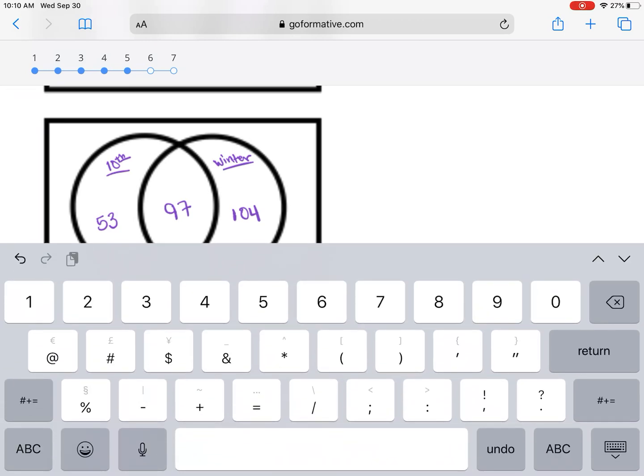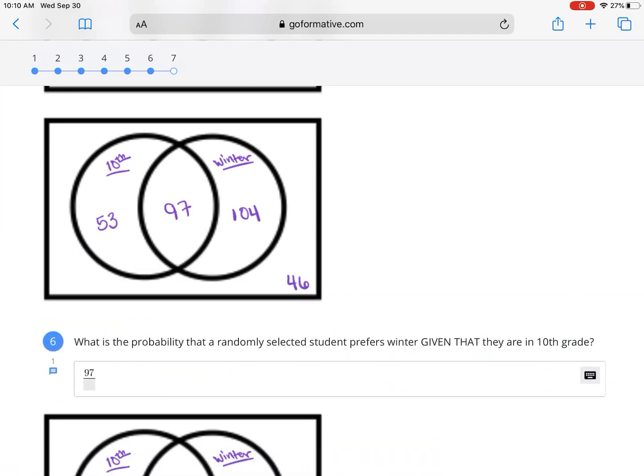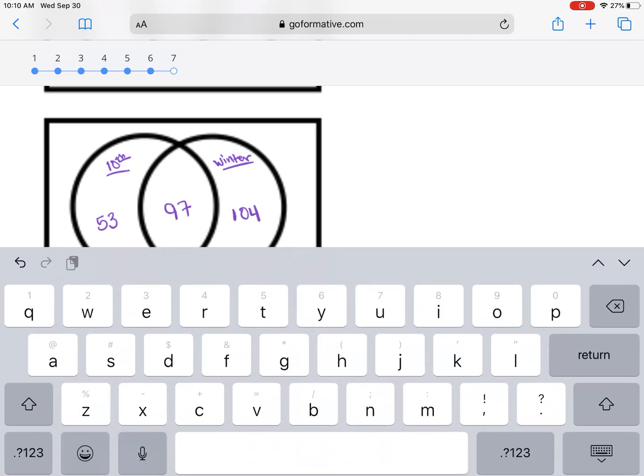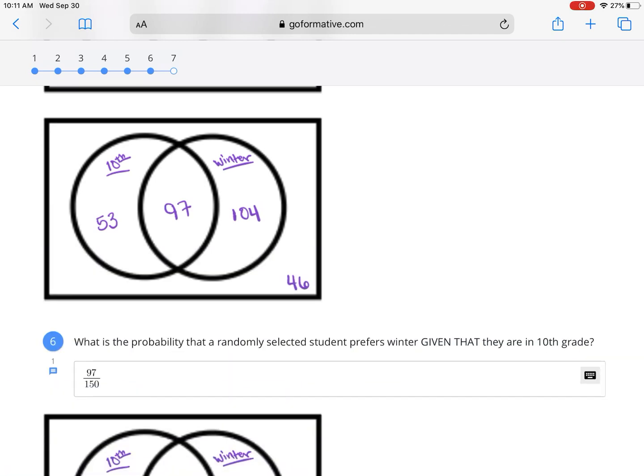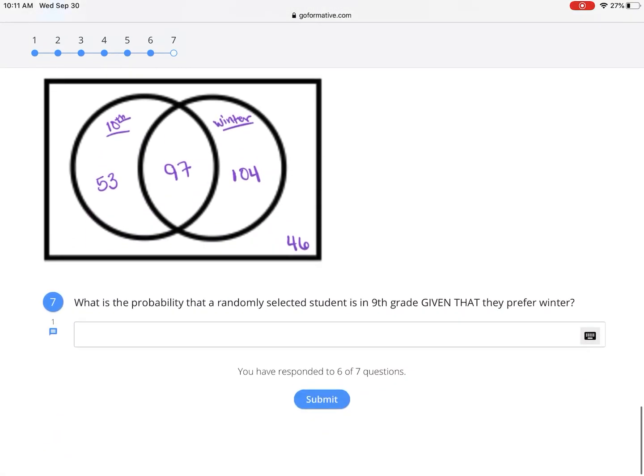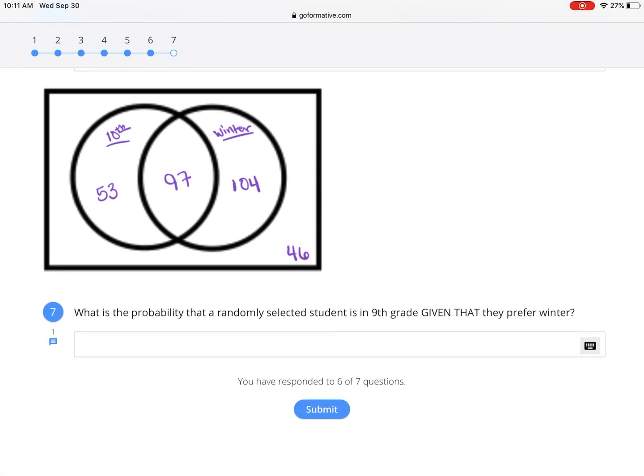So the answer to this one is 97 out of all of the 10th graders, which is 150. Okay, so again, your denominator is what comes after given, and what's before given is your numerator for those kinds of problems.